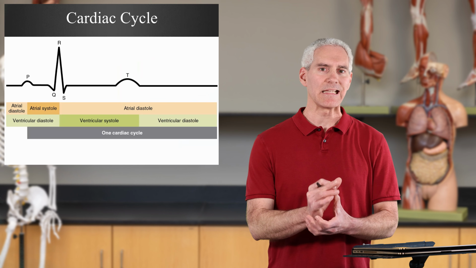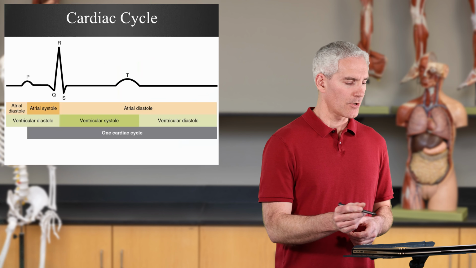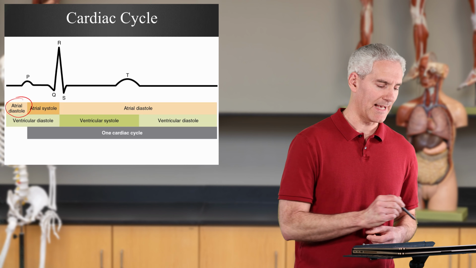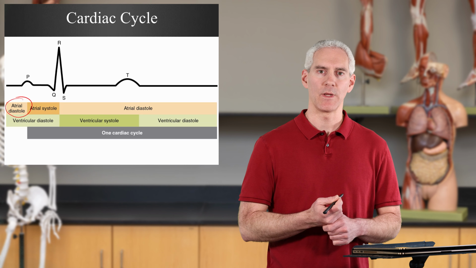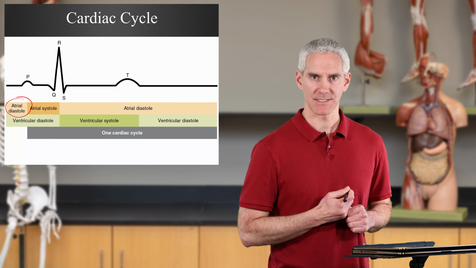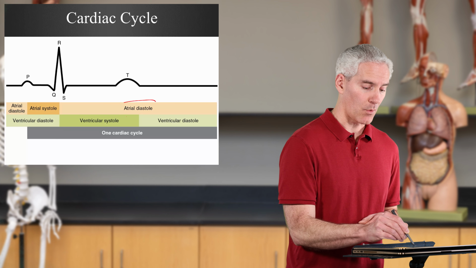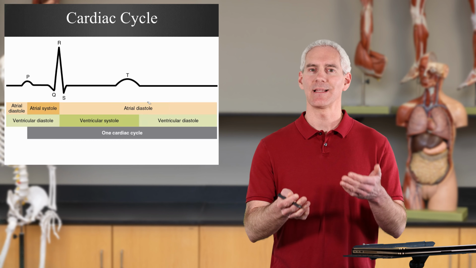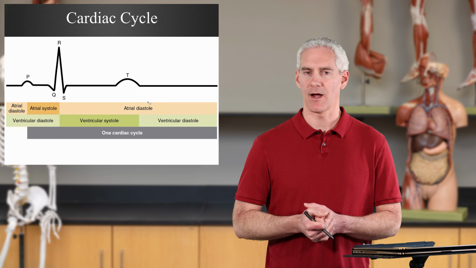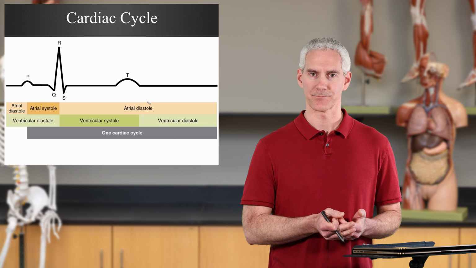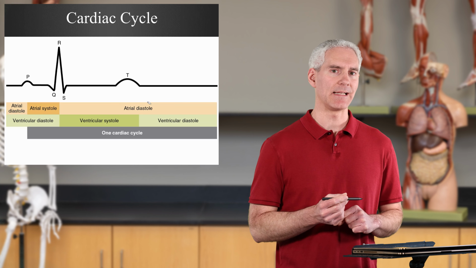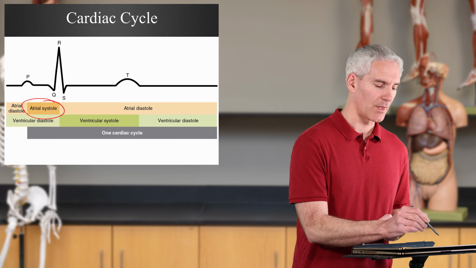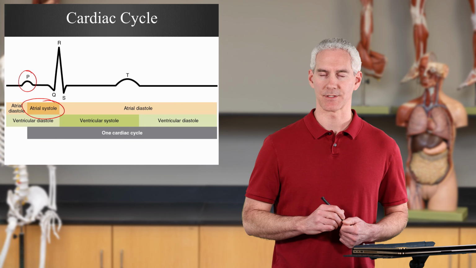So in one single cardiac cycle, you're going to have the atrial diastole. That's where the atria are now relaxing. But you notice this whole thing is atrial diastole. The atria are in relaxation for the vast majority of the entire cardiac cycle. The only time they're in atrial systole is right when the P wave starts.